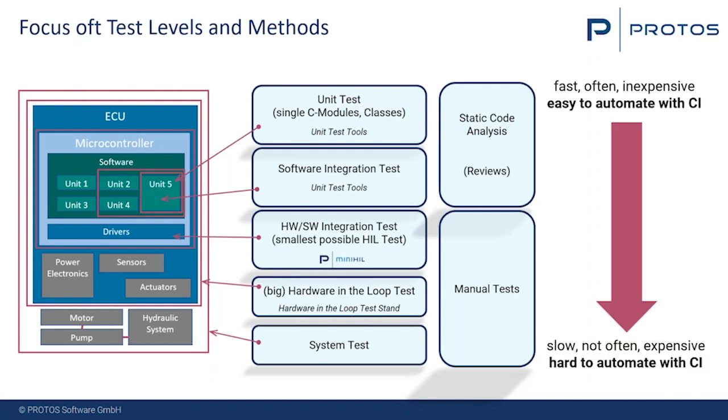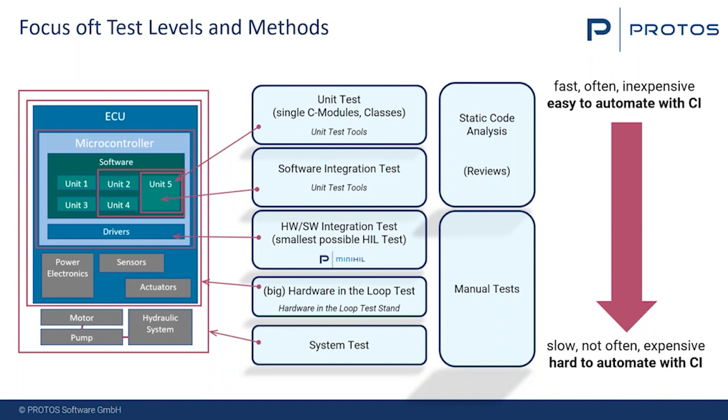The problem is that from the pure software tests down to the system test, the effort increases exponentially. So a software unit test, for example, is easy to automate with continuous integration. You can run it whenever you change something within minutes.